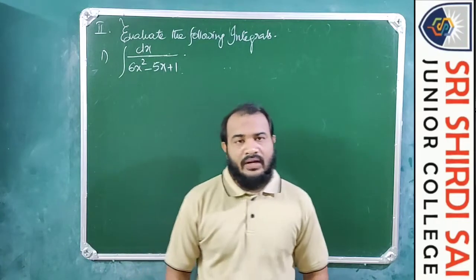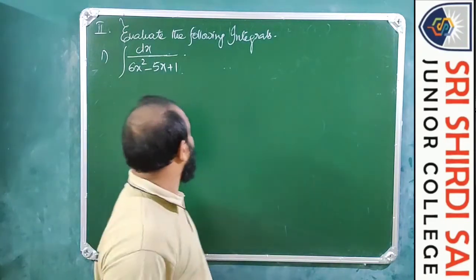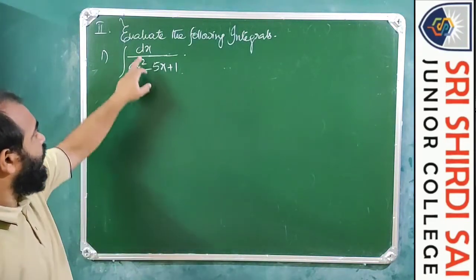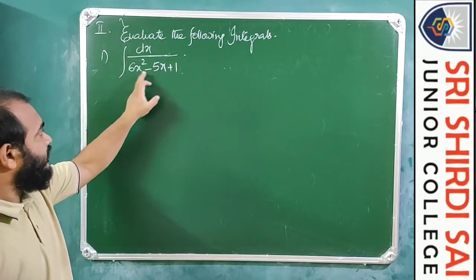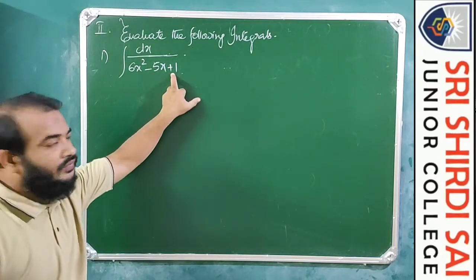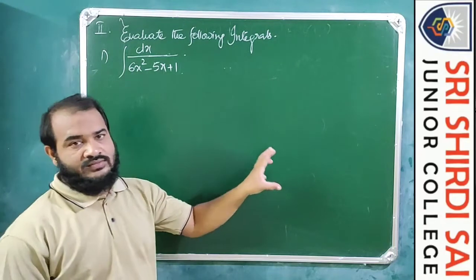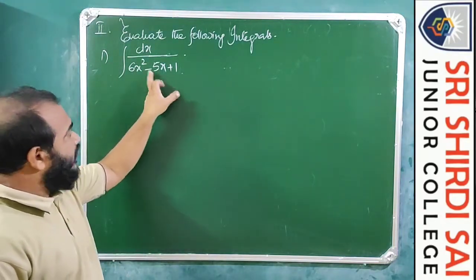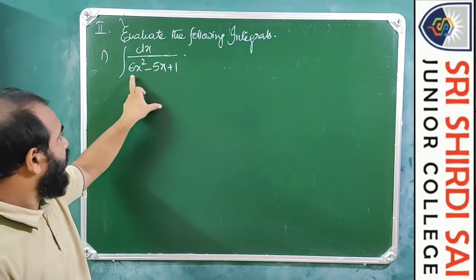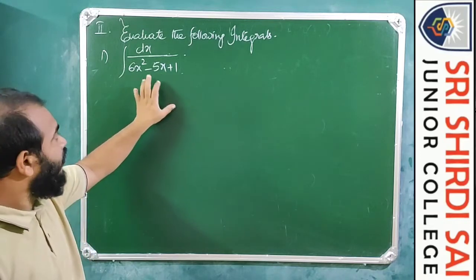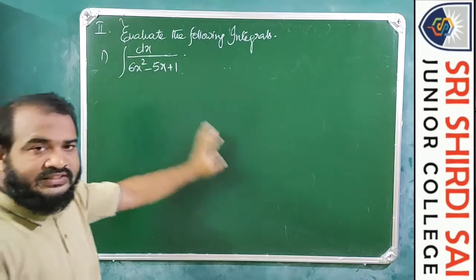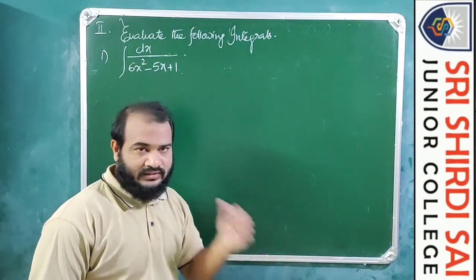So far we have completed the first Roman, and the second Roman is the first problem, integral dx by 6x square minus 5x plus 1. So how do we do this? The denominator contains a quadratic factor, so we can do this in two ways.